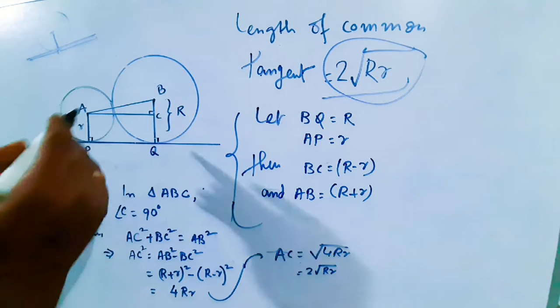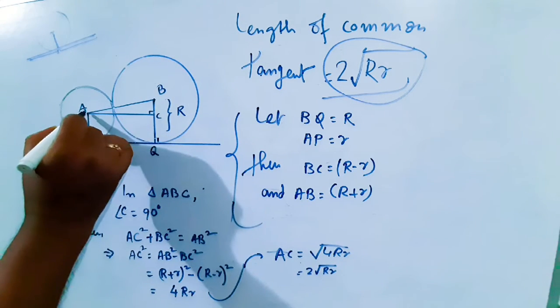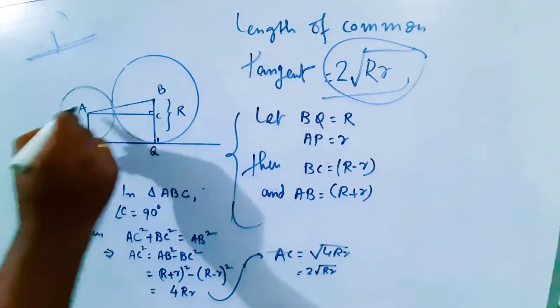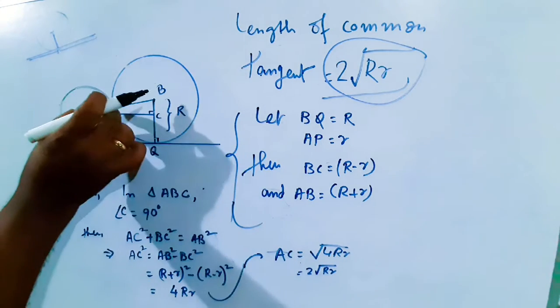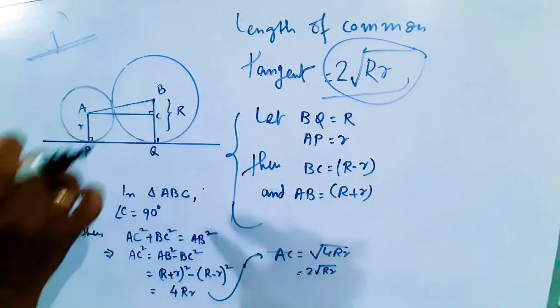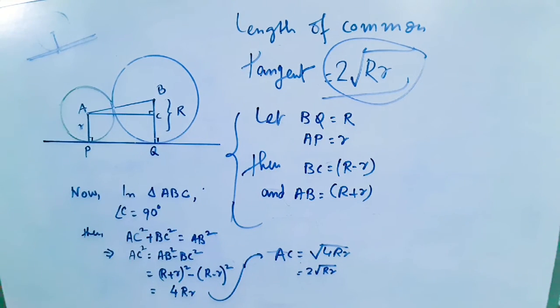So check, since this is the touch point, AB, the length of AB, is a straight line through the touch point. This part is the radius of the small circle, and this part is the radius of the larger circle.